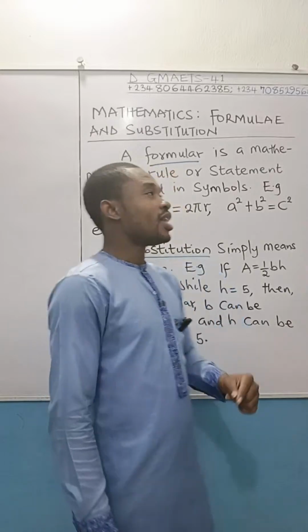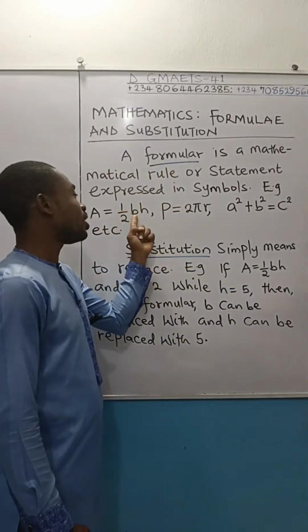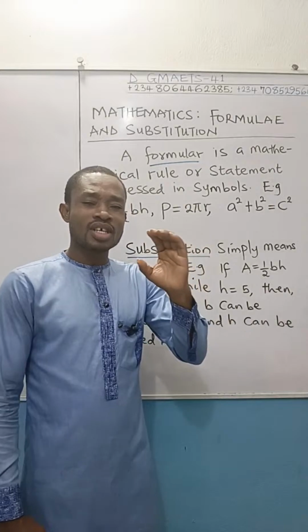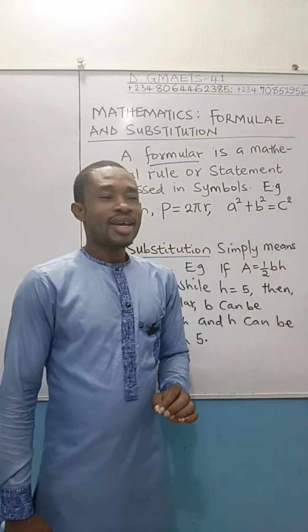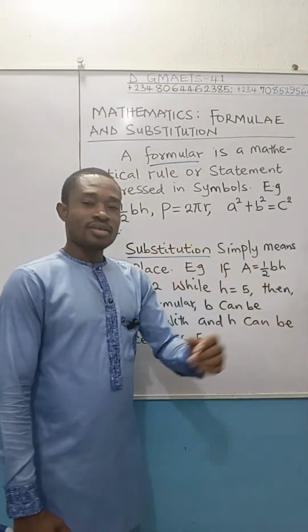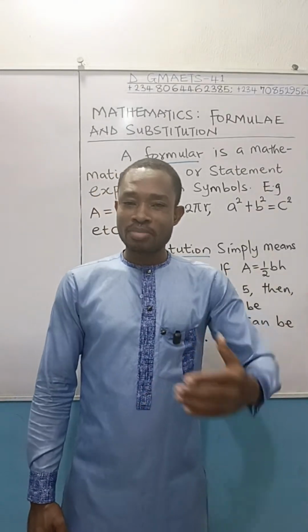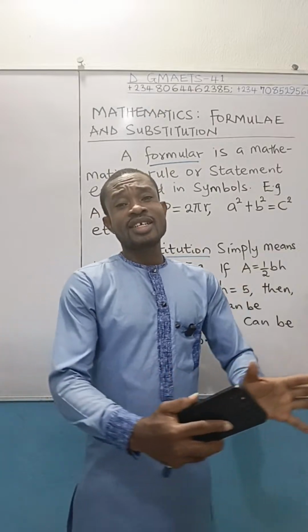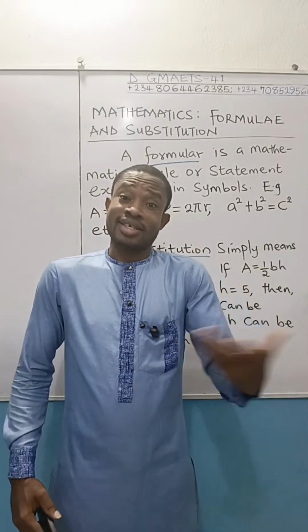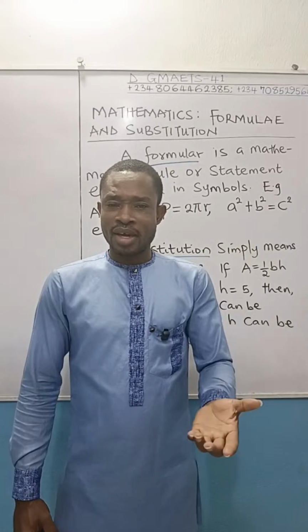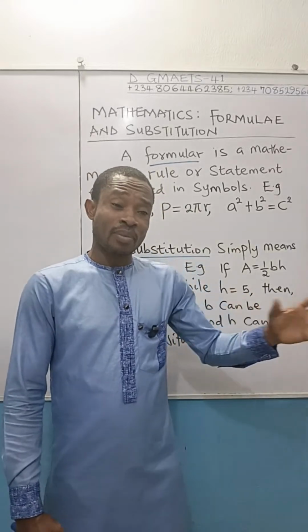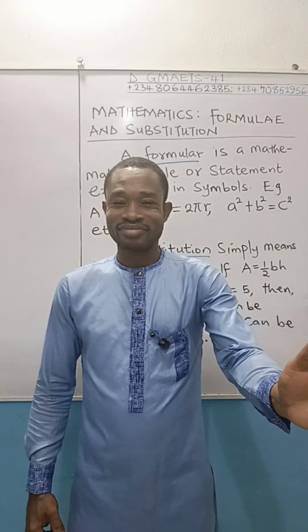So you see that this A equal to half base times height becomes a rule, a mathematical statement. A rule is something that guides you. And when I make a statement, you listen to that statement. The statement can be something that would guide you.